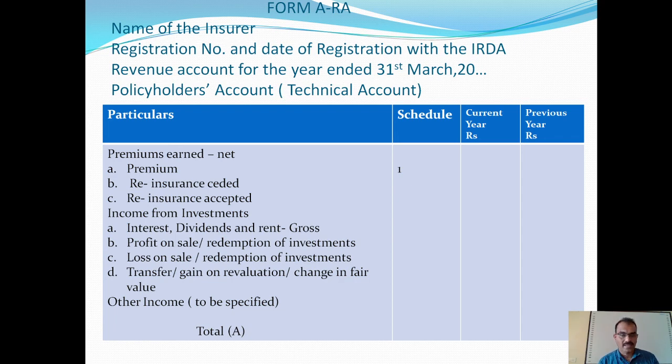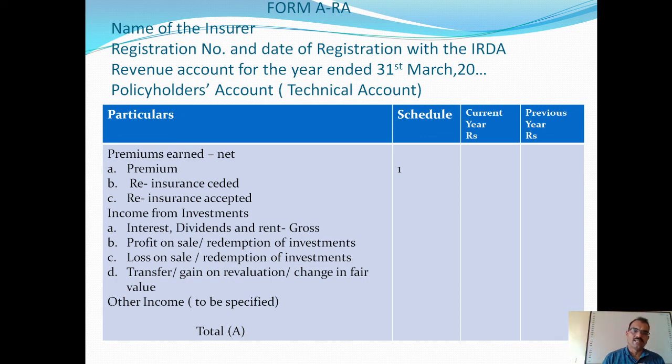Okay, first item, premium earned, net value. Under this premium earned, the first item is premium. The second one is reinsurance ceded. You know what reinsurance is.